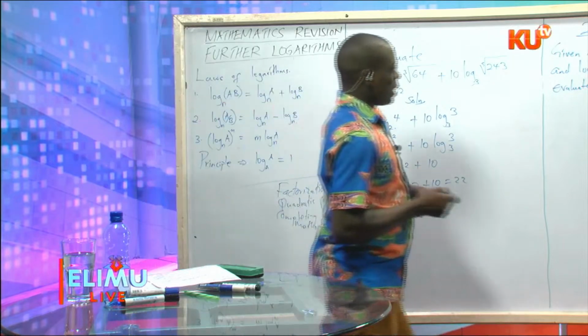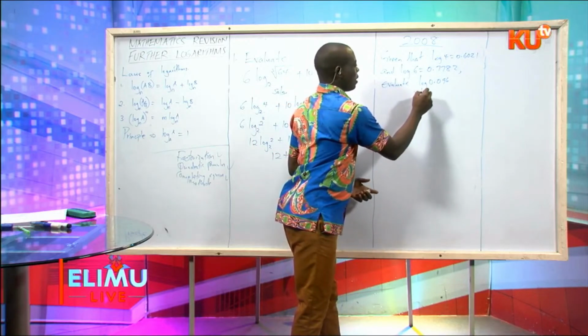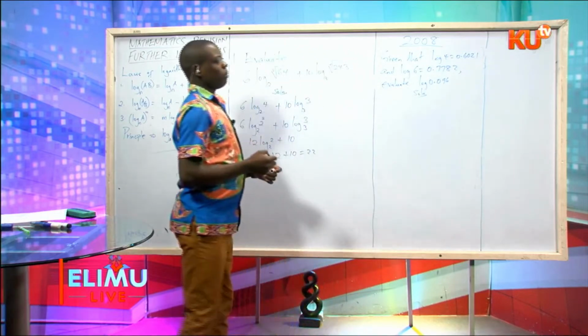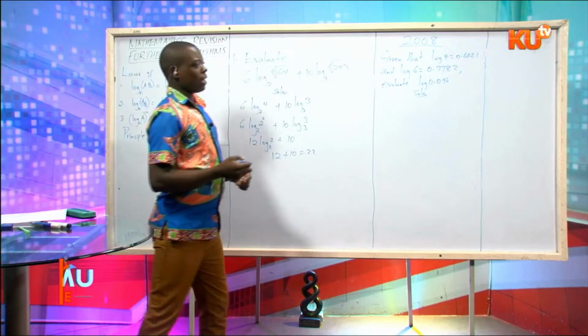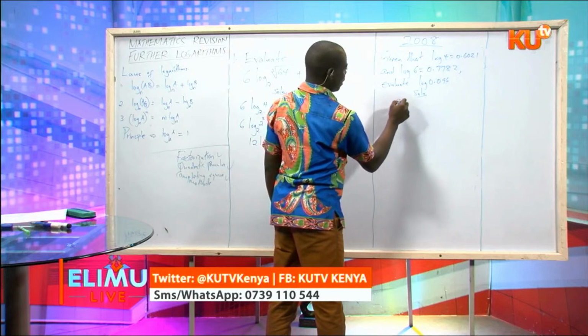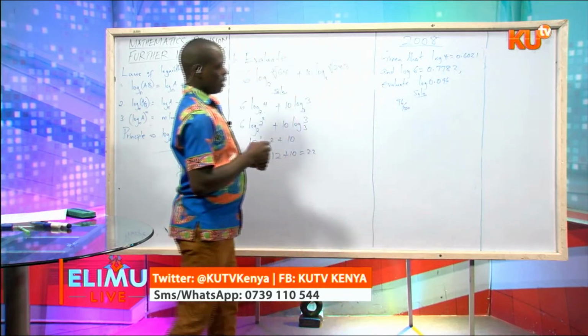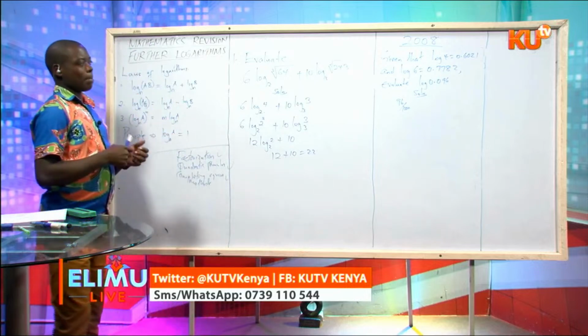This is a very simple case. What you need simply to do is to first write 0.096 as a fraction. We'll have it as 96 over 1,000.